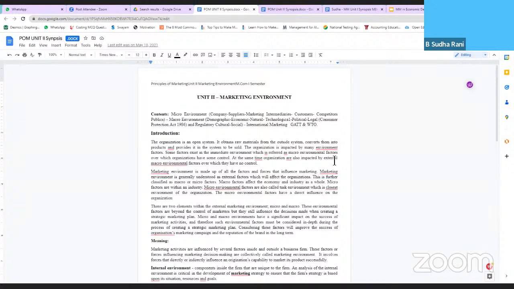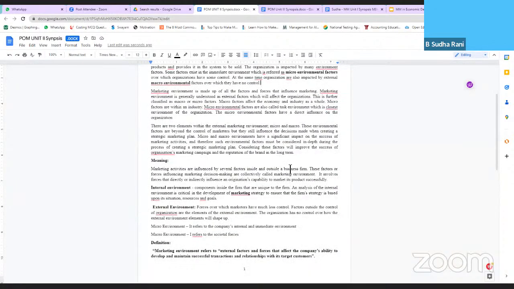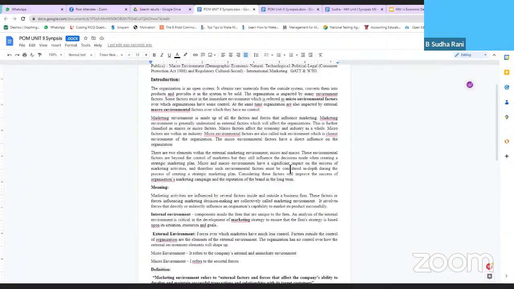These environmental factors are basically classified into micro environmental factors and macro environmental factors. Micro means within the organization, the factors which have immediate impact on the organization but are in the control of the organization.